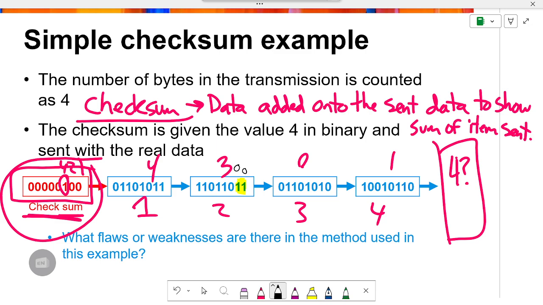Will this idea fix and know if this data changes? What do you think? Let's say I send 3 bytes, but these 2 become 0, 0. Will a simple checksum be able to find this error? What do you think?